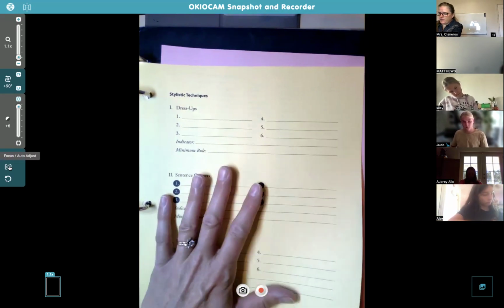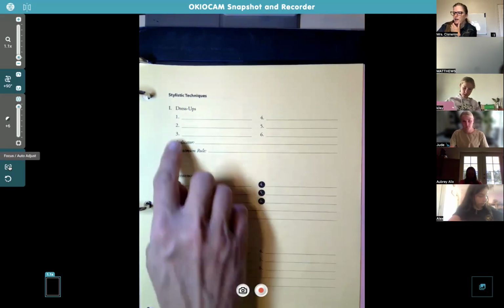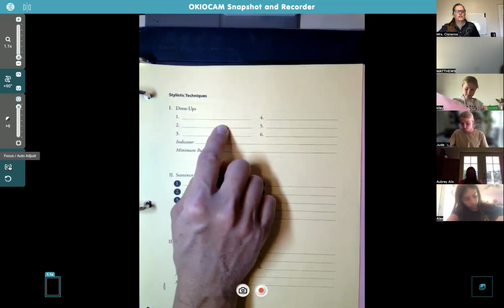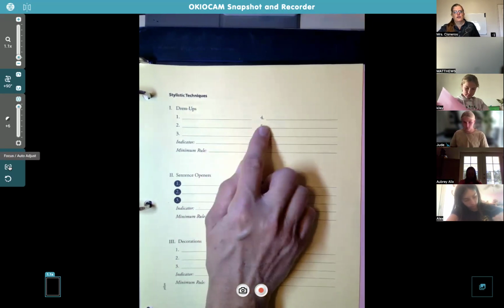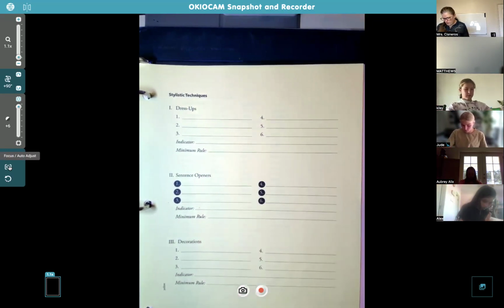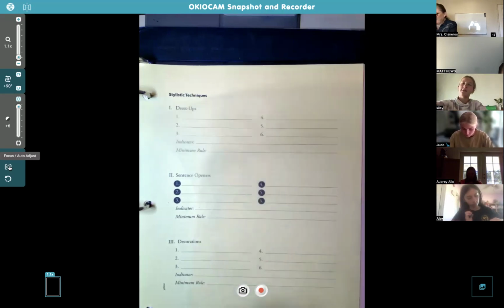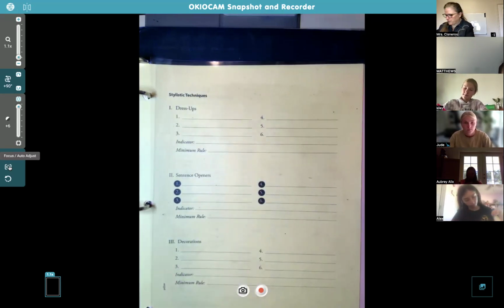But keep on this page because we're going to add a number 4. So you should have on your yellow page ly adverb, who which clause, strong verb, and number 4. You ready for it? Drum roll, please. We're adding a because clause. I think those are pretty easy though, actually.